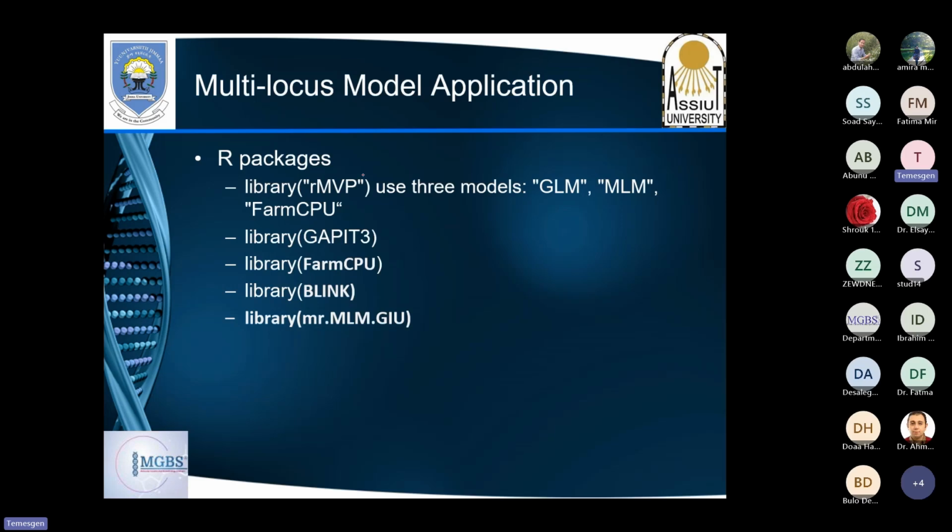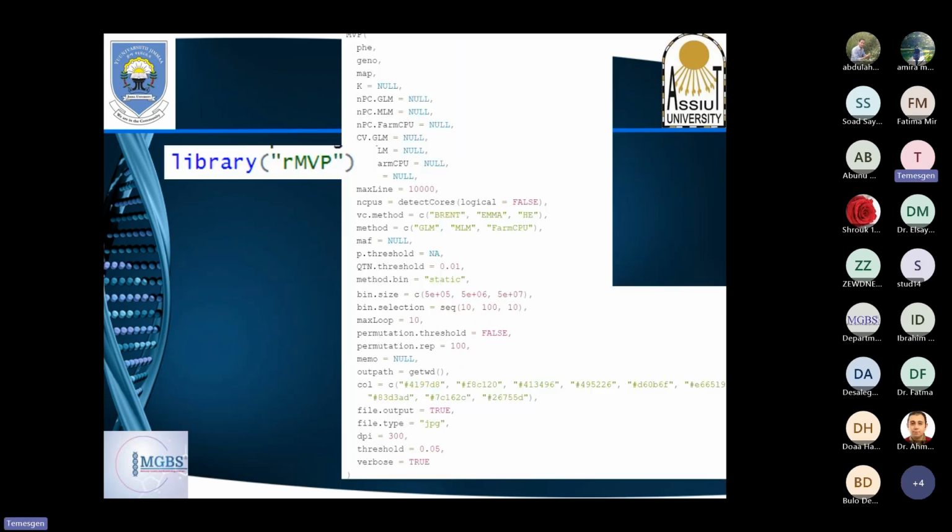There are a lot of packages in R to do this multi-locus analysis, so we will focus on this one. Most of the time we use the MR-MLM model, which is very nice, but we can also use another package, for example RMVP. When you look here, the methods include GLM and MLM, which are single-locus, but for this one we use FarmCPU as a multi-locus model.